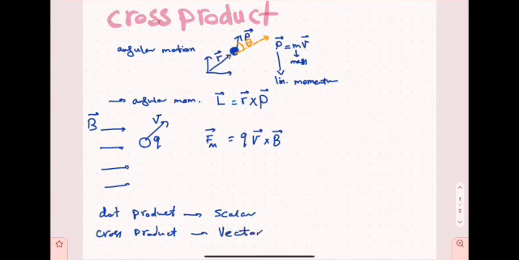This is a main difference. Let's say we have now two vectors, one vector A and the other vector B, and let's imagine that these two vectors make an angle of theta with each other.